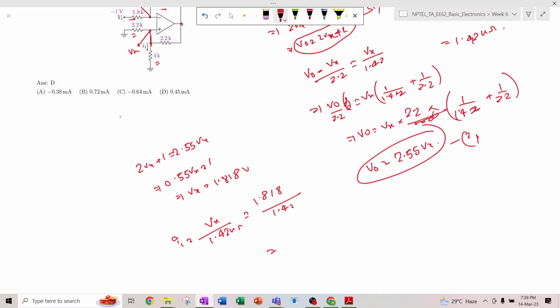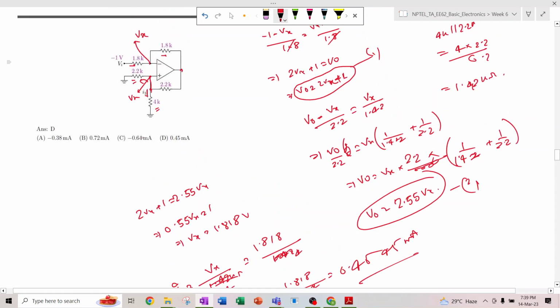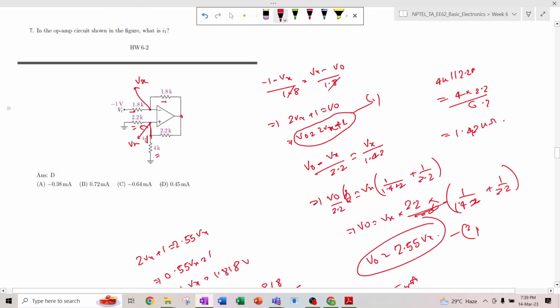So through this 4k, instead of 1.42 kilo ohm you should write 4, because I1 current is flowing through this and the rest of the current will flow through this 2.2k. So 1.818 divided by 4 is 0.4545 milliampere. So the correct answer will be 0.45 milliampere, right?